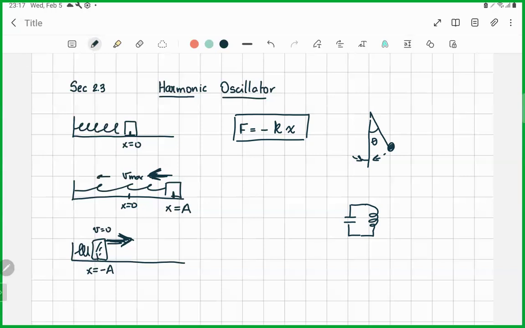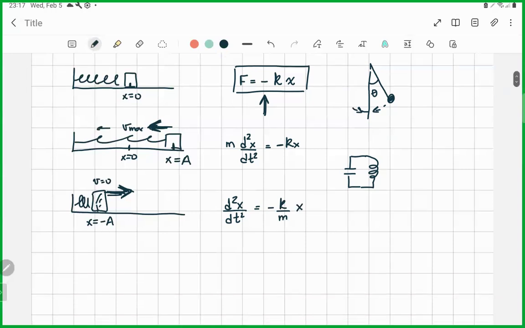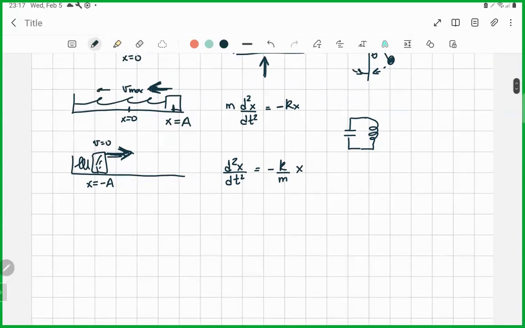Very good. Let's talk a little bit more about this equation that we wrote here. We can write this equation using what the force is: mass times acceleration equals minus kx. So we end up with this second order equation, which we know very well how to solve. We even already discussed that.